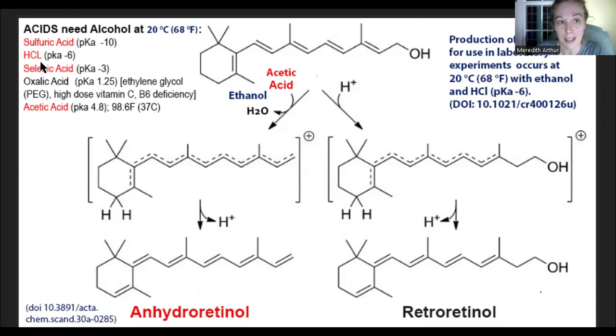So hydrochloric acid, obviously. If you have candida in your stomach or your esophagus, then that is producing alcohol. And then you have your stomach acid, and an acid plus alcohol makes anhydroretinol. Sulfuric acid too, but that would be sulfate. If sulfate was accumulating, it's a very strong acid.